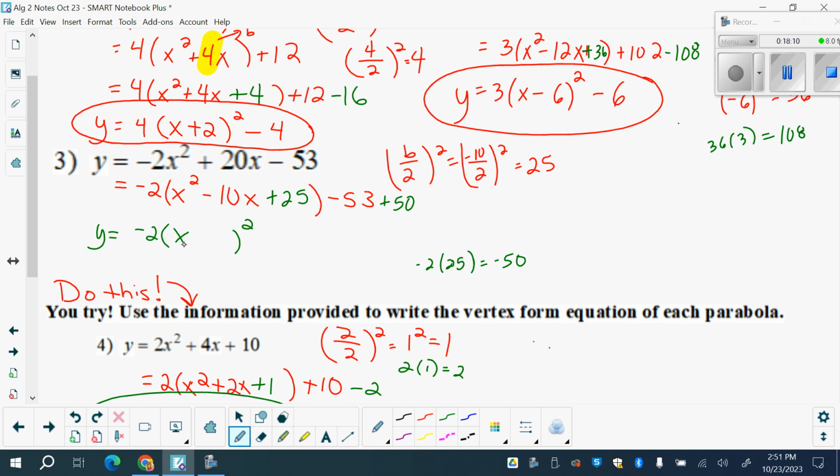What's half of 10? 5. So is it a -5 or a +5? Minus, because this is a minus here. And then we take -53 plus 50, which is -3. So I know that one's a little tricky with that negative there. Okay, that's it. That's all we're going to do for notes today. Questions on that?